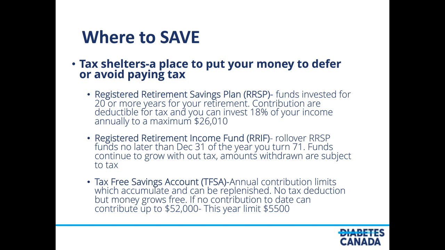So the balance is continuously growing and replenished. You don't lose the room that the government has set as the contribution limit. So, for example, if in one year I had taken out $2,000 to manage my medical expenses, then the following year I can put back the $2,000 into the plan when funds are again available.